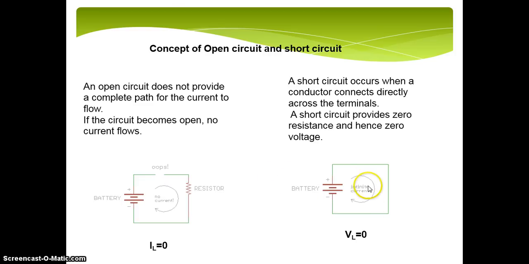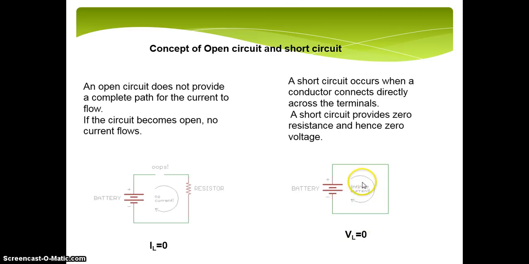Now see here, I have provided a battery with no resistance through it. Just shorted it. What is the voltage in this circuit? V should be equal to I multiplied by R. Is there any resistor? No. The resistance value here is equal to 0, so the voltage should be equal to 0.